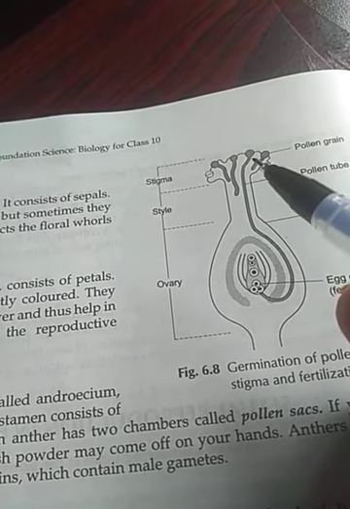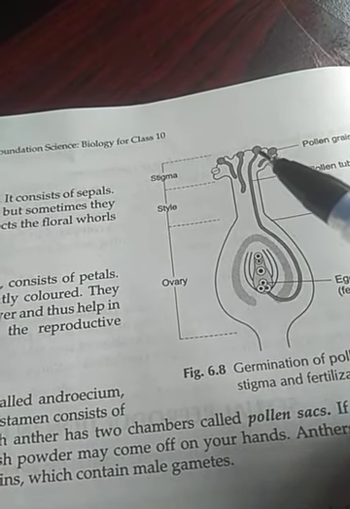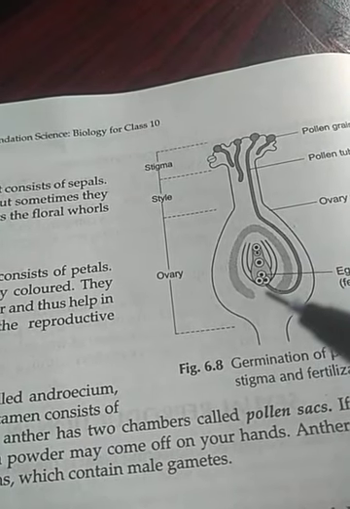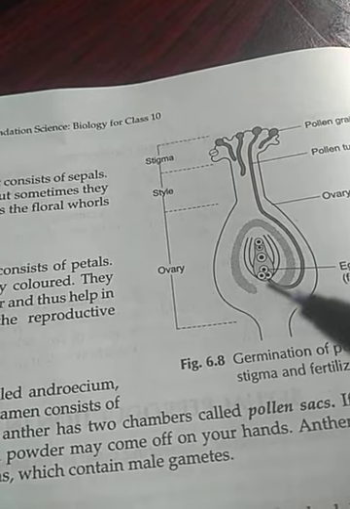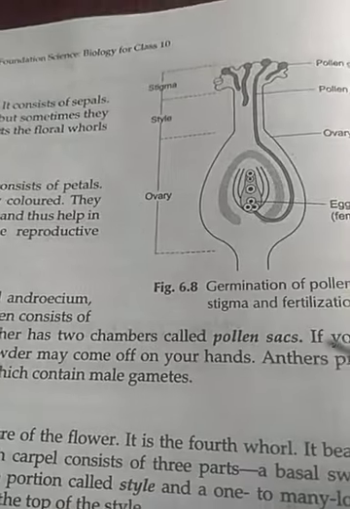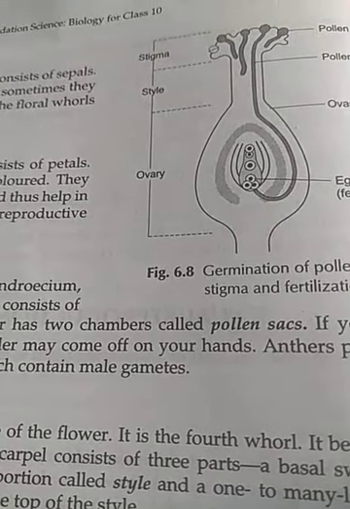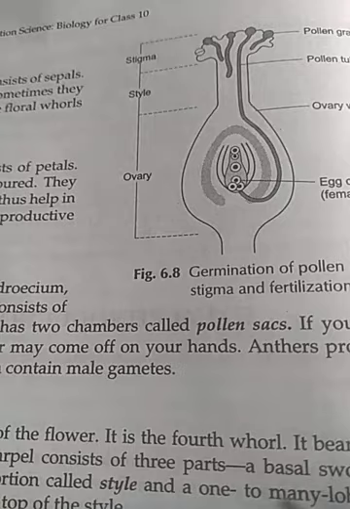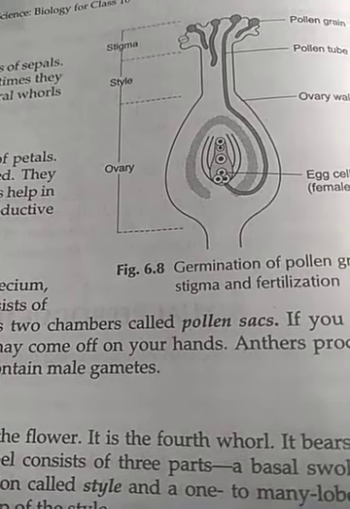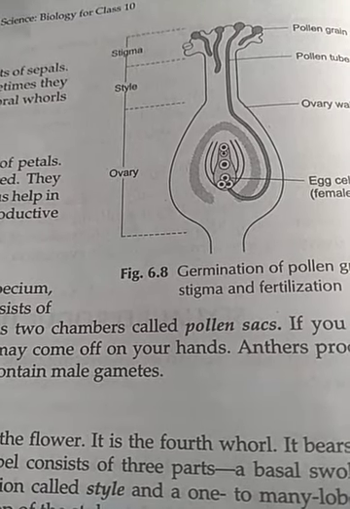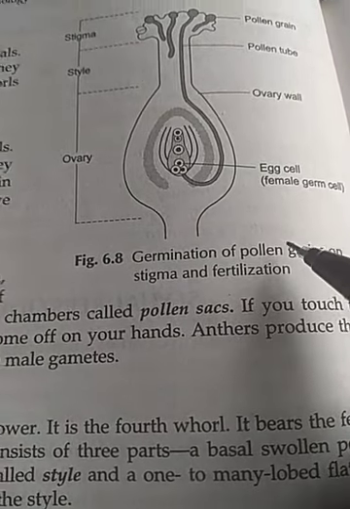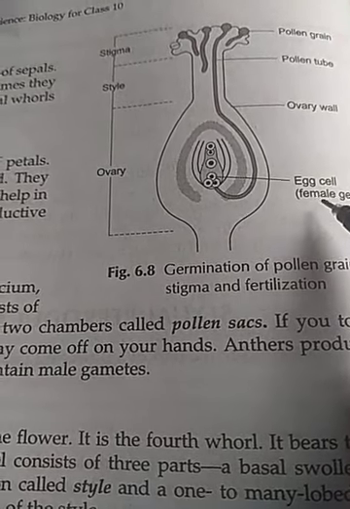The figure indicates that the pollen tube develops from the pollen grain and moves to the ovary, and through this tubular structure the male gamete comes inside and fuses with the egg cell, and fertilization is completed. By this process, the pollen grain from the stigma moves down into the ovary and fuses with the egg cell, and fertilization is completed.